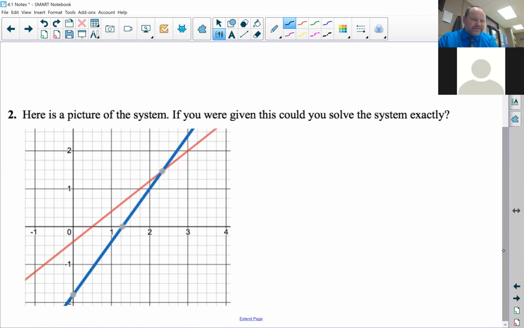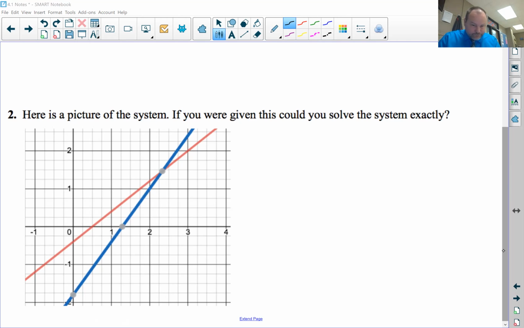Could you tell me exactly the point where those two graphs intersect? Okay.